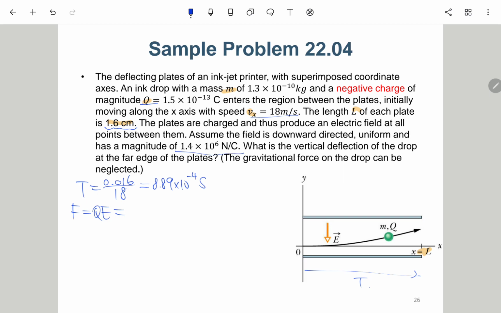E is here. Q is 1.5 times 10 to the negative 13, and E is 1.4 times 10 to the 6th power. So F is 2.1 times 10 to the negative 7 Newton.